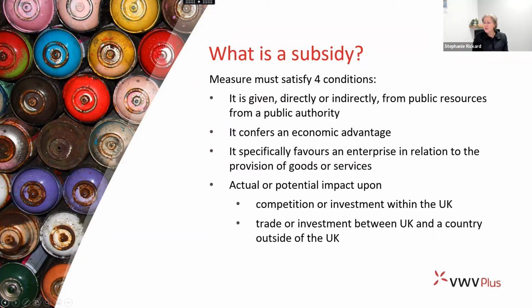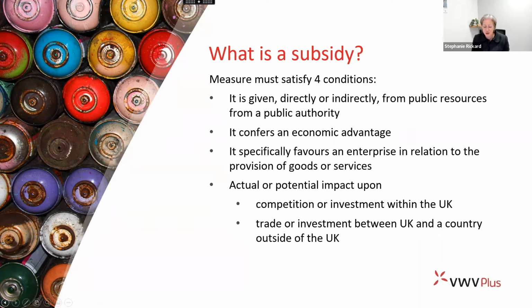So the measure must confer an economic advantage or specifically favour an enterprise in relation to the provision of goods or services. And then you have to have an actual or potential impact upon competition or investment within the UK, or trade or investment between the UK and a country outside of the UK.